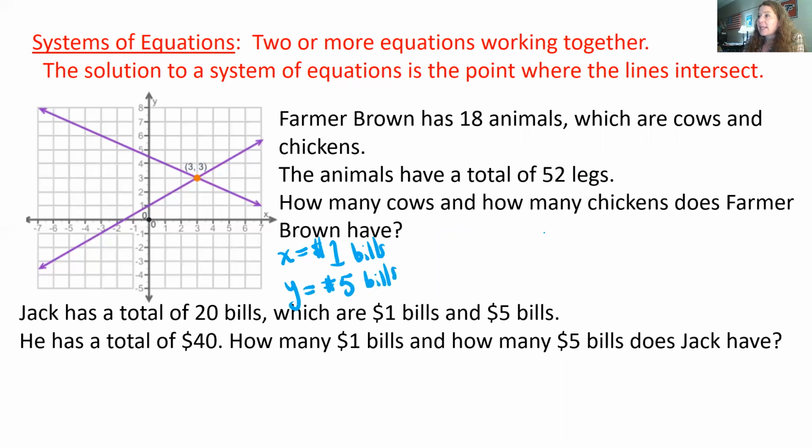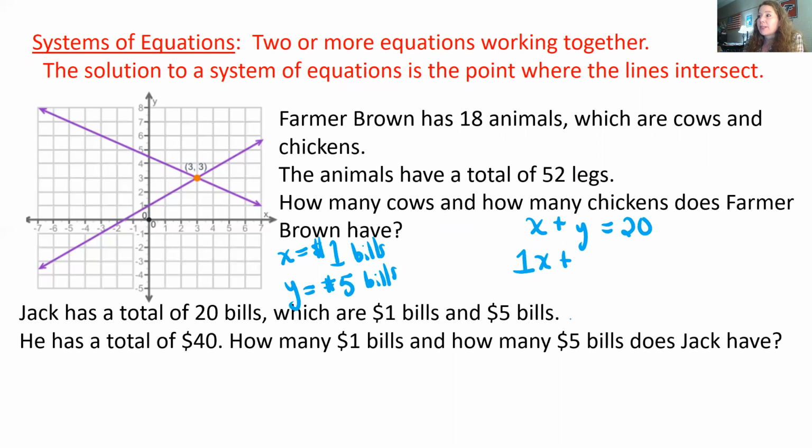So we know that he has a total of 20 bills, which are $1 bills and $5 bills, right? Well, we don't know how many $1 bills he has, but we do know that for every dollar bill, it equals 1 times the number of bills.